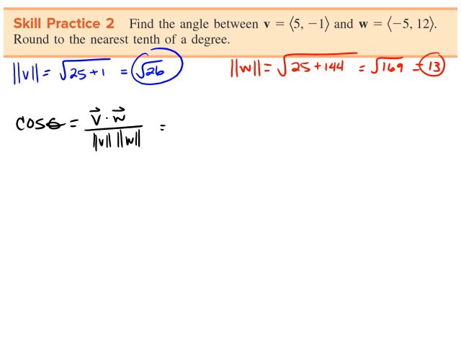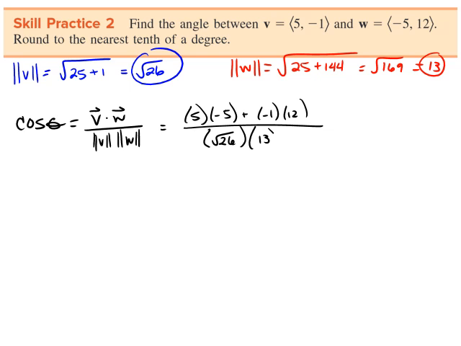Okay, so the dot product is 5 times -5 plus -1 times 12, all over root 26 times 13. This is negative 25 minus 12, which gives me a negative 37 over 13 root 26.